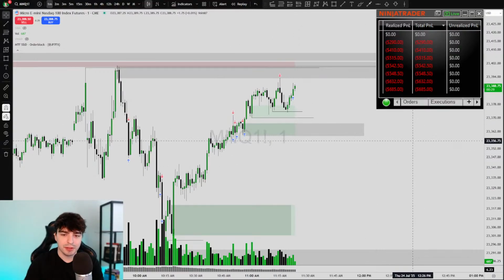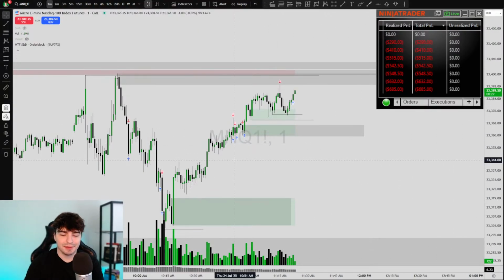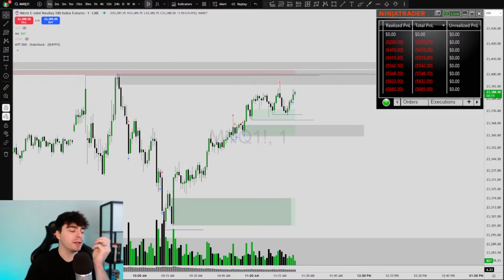50, 100 points. So with shorts, it's not worth me just scalping a tiny profit, because when they move, they move. With a short, I'm looking for big moves because they happen very quickly. At least this short, given the market context.